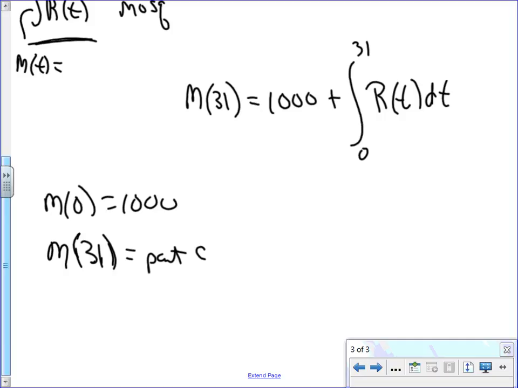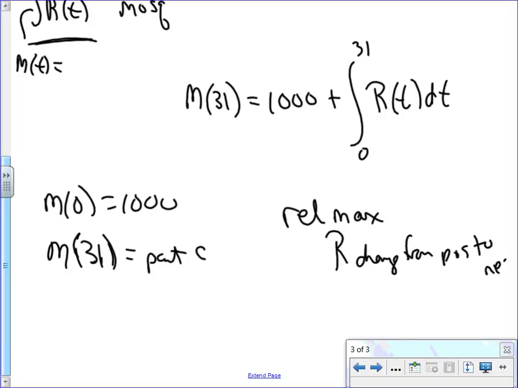Relative max. Okay, so how do I find the relative max for the number of mosquitoes? Wait a minute, the number of mosquitoes is M, with M prime equal to R. It changes from positive to negative. This is the same question Annie Carson just asked.